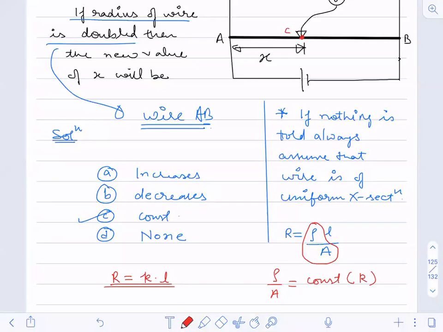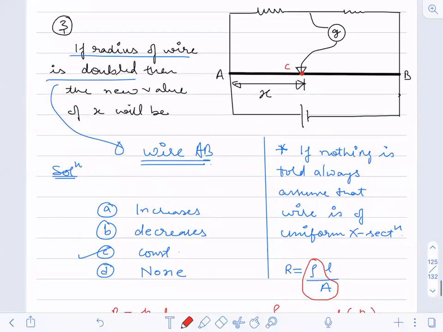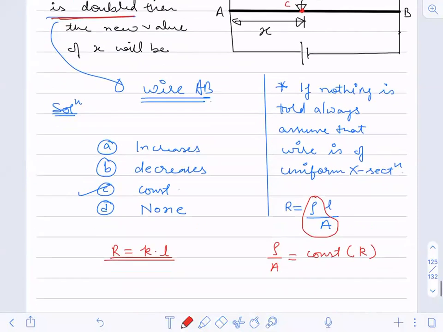Length of the wire. So here you are doubling the radius. If you are doubling the radius, what will happen? It is not going to affect the length, because resistance will now only depend upon length. It will not depend upon area, because you have taken a uniform cross sectional area. Understood?